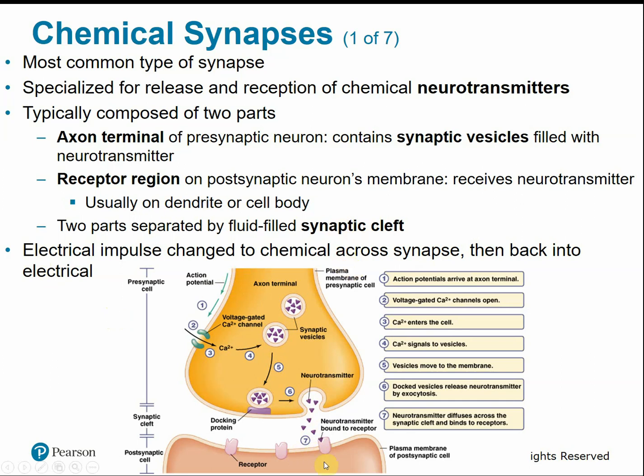And then from there, it would be converted back into an electrical message. For instance, with your neuromuscular junction, skeletal muscle contraction, once acetylcholine binds to these receptors, it's going to kickstart the process of generating another electrical signal.